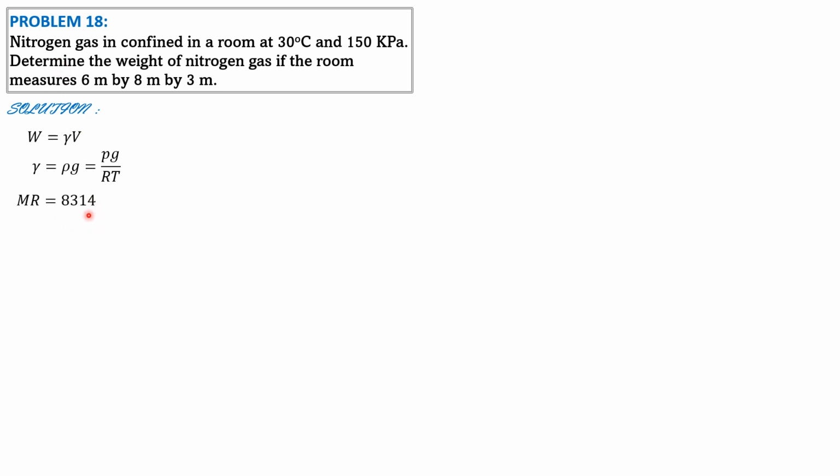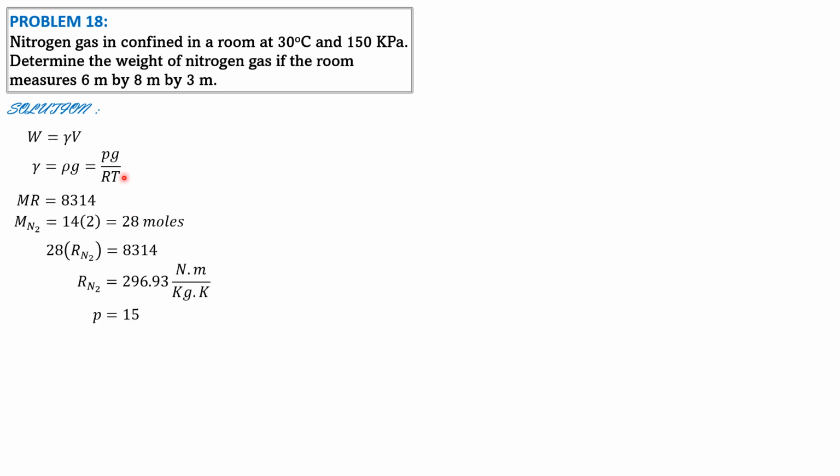So MR equals 8314, where the molecular mass of nitrogen is 14 times 2. So 28 moles. Substitute here to solve for the gas constant of nitrogen. 28 times R, the gas constant of nitrogen gas, is 8314. So the gas constant of nitrogen gas is 296.93 Newton meter per kilogram Kelvin.